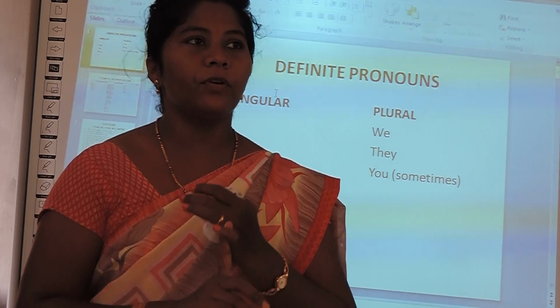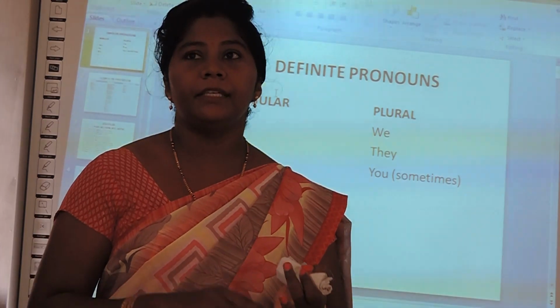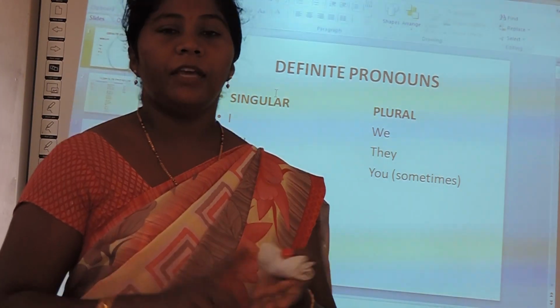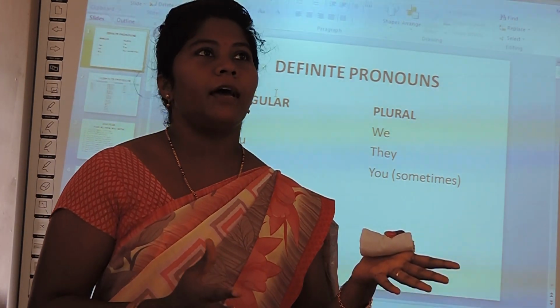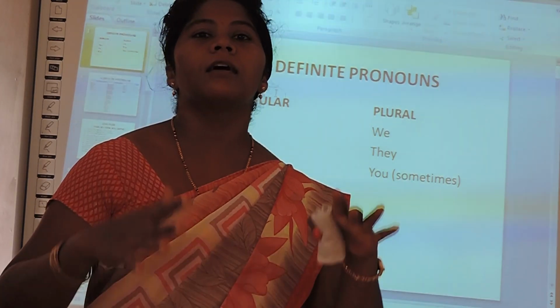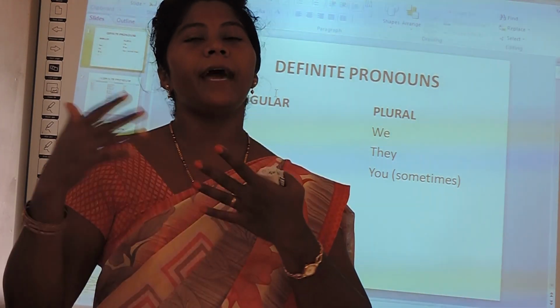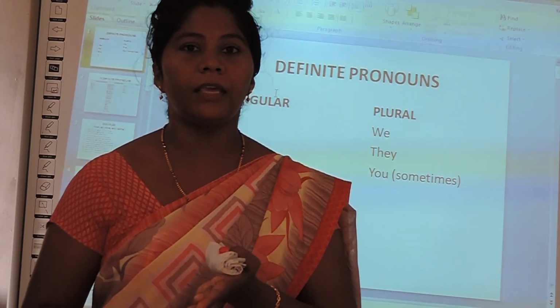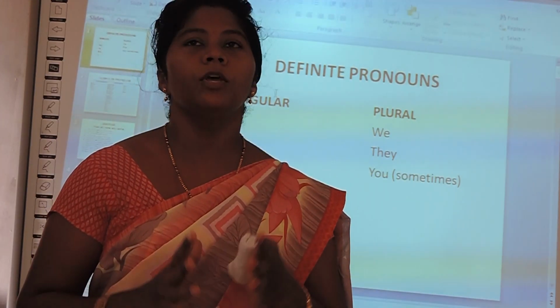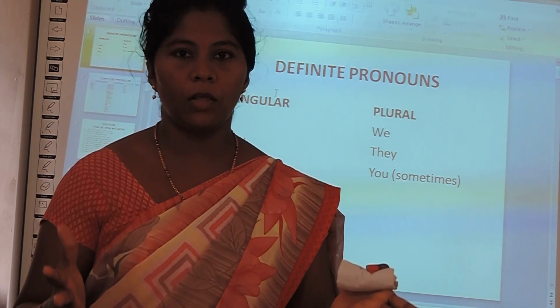Definite pronouns are like I, he, she, it. These are all singular definite pronouns, and obviously they take a singular verb. Then we have the plural definite pronouns like we, they, you sometimes, which take a plural verb.